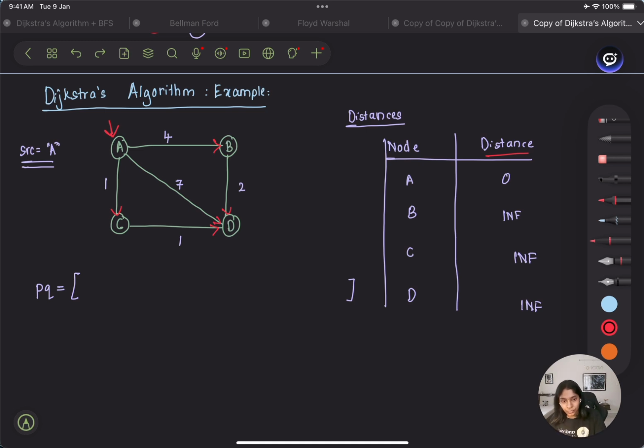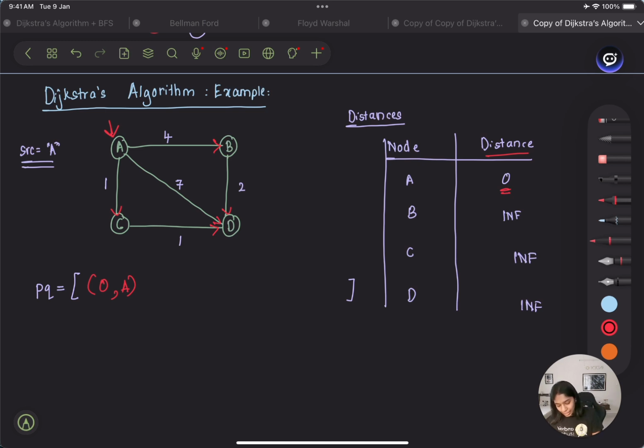All the distances are initially infinity except for the source, which is 0. Then I try to minimize the distance from that source to every other node. My heap, my priority queue, initially will have the value 0 and A. I'm starting from A with an initial distance of 0.